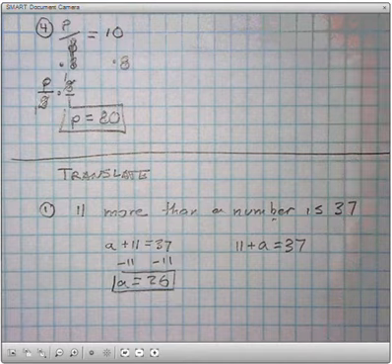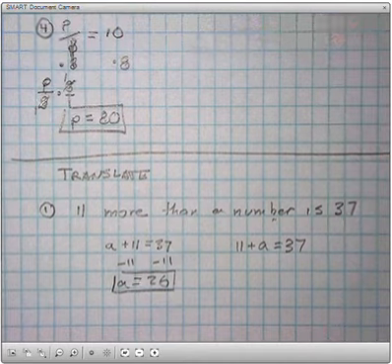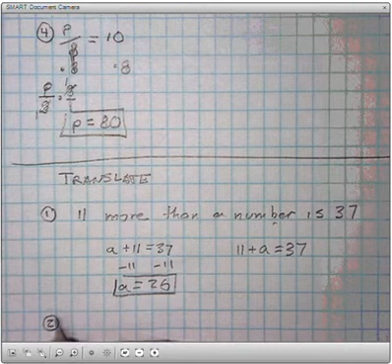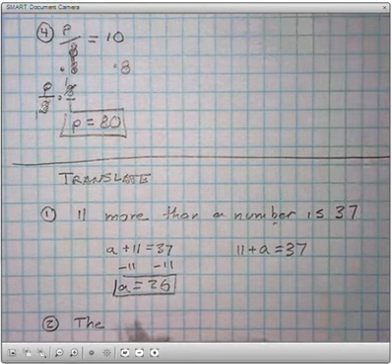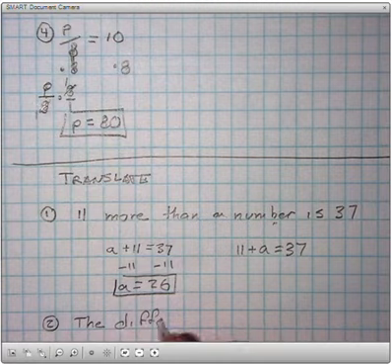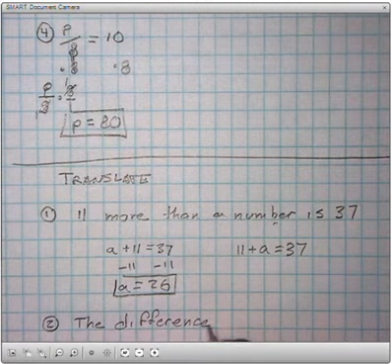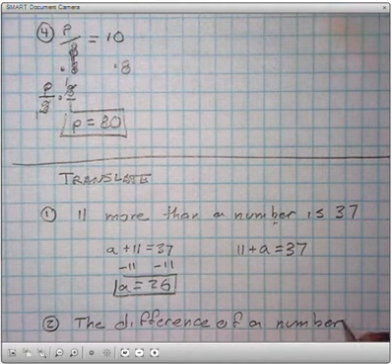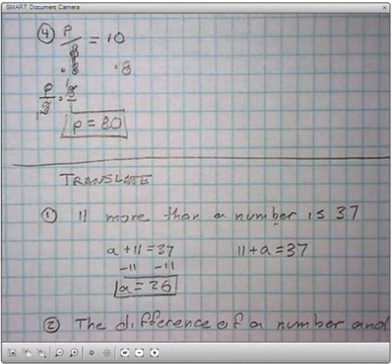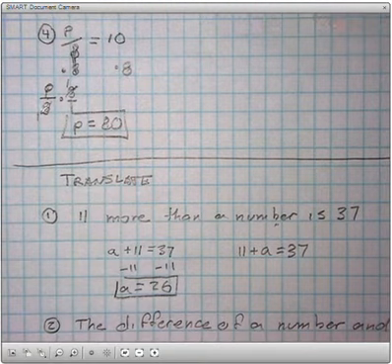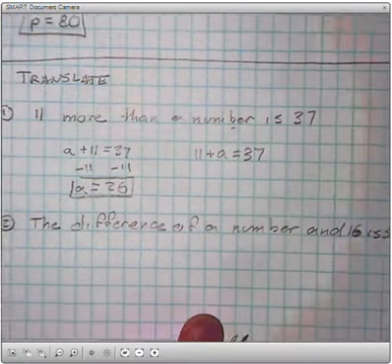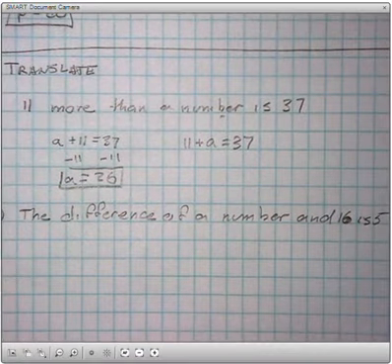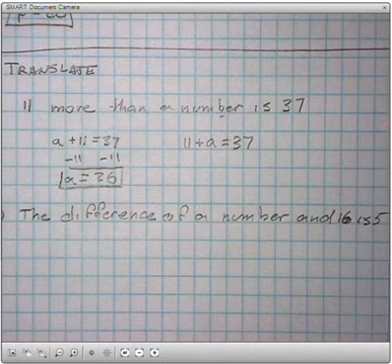Let's do our second one. The difference of a number and 16 is 5.